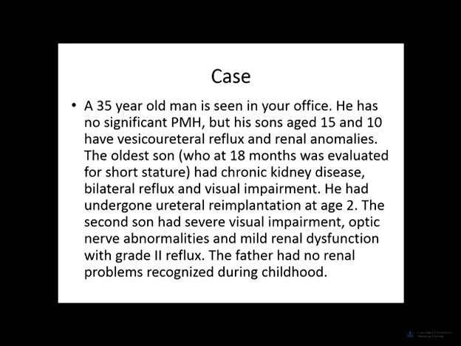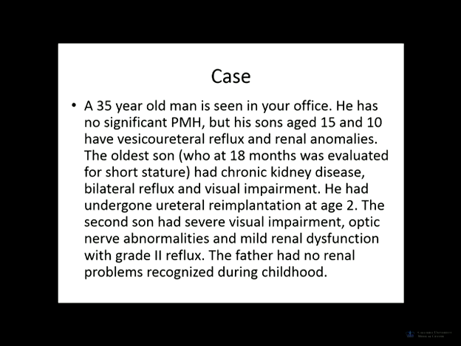At that time, he had chronic kidney disease, bilateral reflux, and visual impairment. At age 2, he had undergone ureteral reimplantation. The second son had severe visual impairment, optic nerve abnormalities, and mild renal dysfunction with grade 2 reflux. The father had no renal problems recognized during childhood.